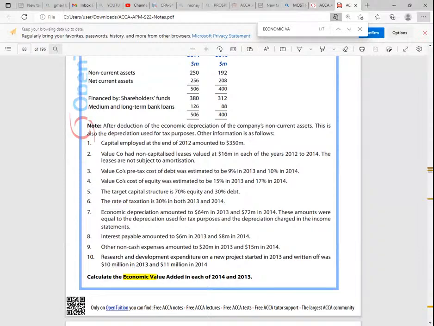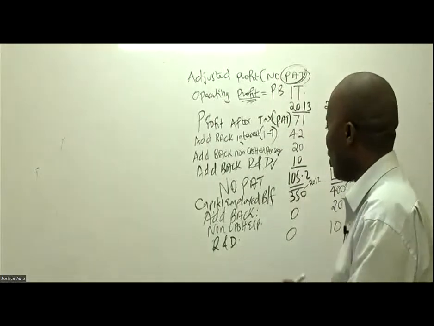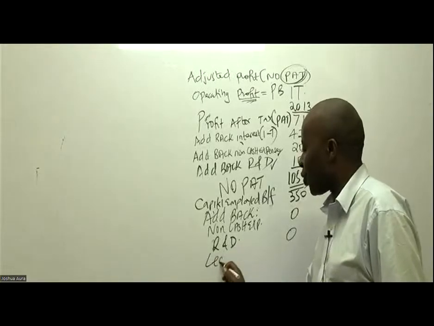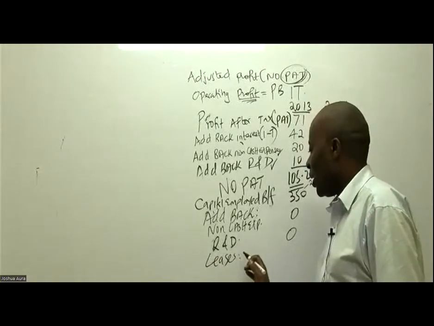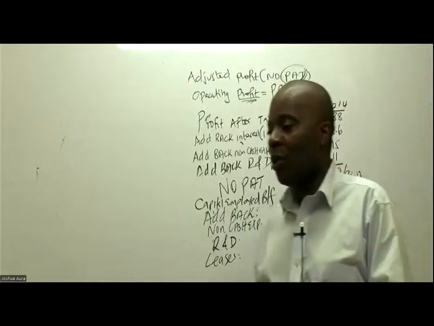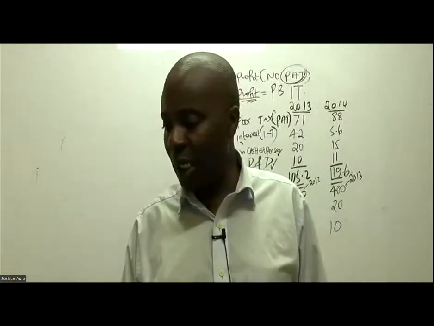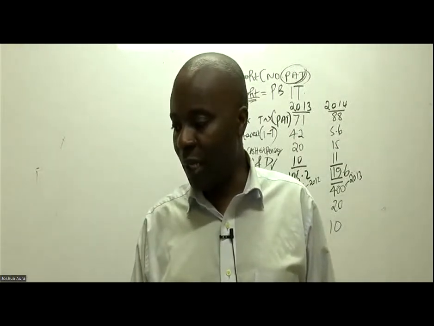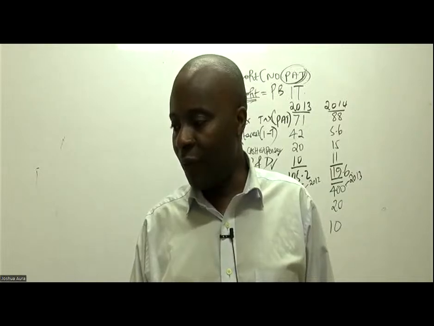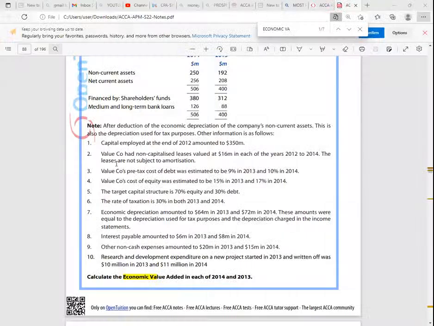So in this case, we talk of capitalized now. We have the lease. The leases which were non-capitalized, could you kindly give us the figures for the 2 years, for the leases there in note 2. Not many will be able to get this correctly.